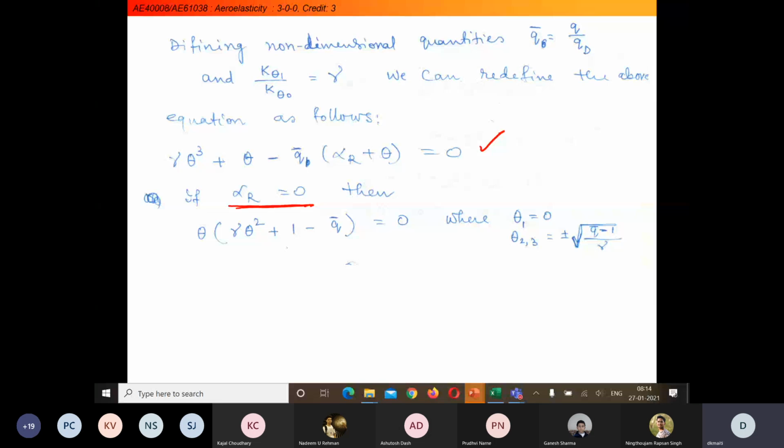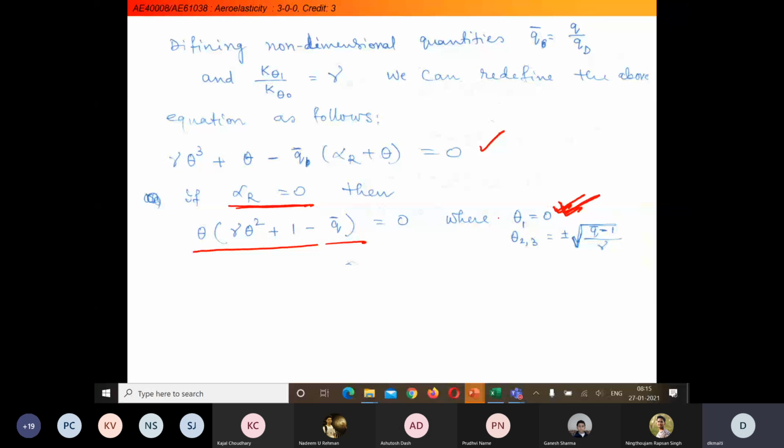For this, obviously theta is 0, the system will be in equilibrium, meaning whatever alpha r we are giving, it will continue to be there. That is a hypothetical solution, but practically it does not have that value.